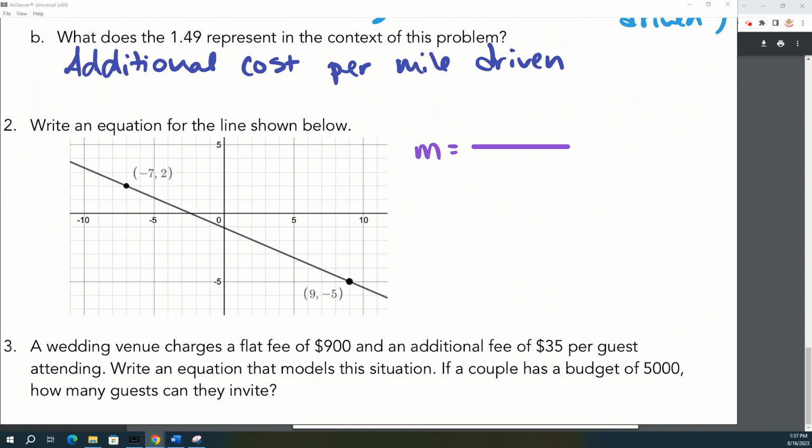But if you're going to use the formula, you would take a y and subtract another y from it. So it would be -5 minus 2 in the numerator. And then the denominator, you're going to keep the order the same. It's going to be the x minus the other x.